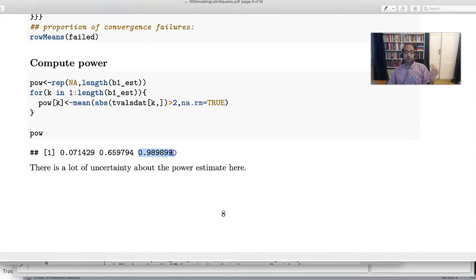But if the true value of the effect were as large as the upper bound of the estimate, which is like 147 milliseconds or something on the millisecond scale, then we have almost 100% power. Okay, so what this is telling us is that we have a lot of uncertainty in our estimate about the power, right? We can't be very sure what the power is given the effect size estimates we are working with here. Okay.